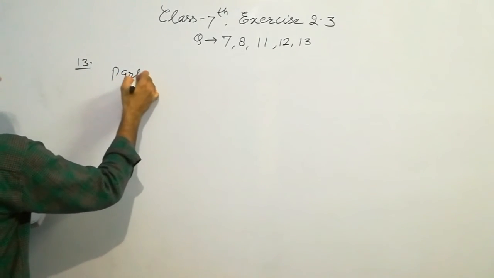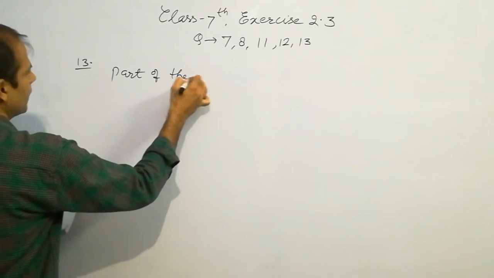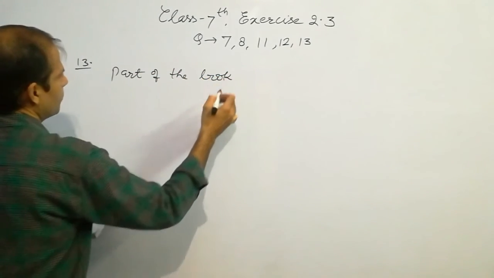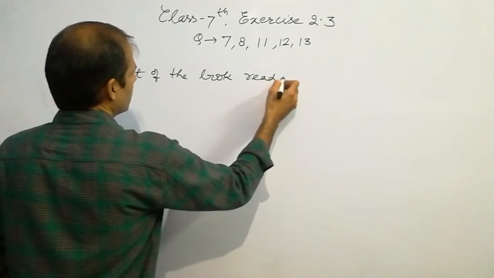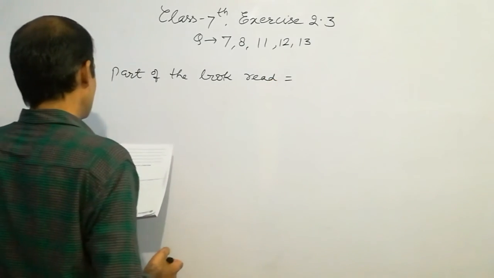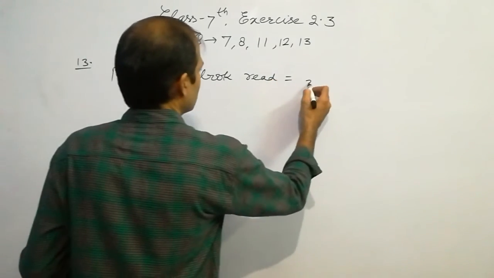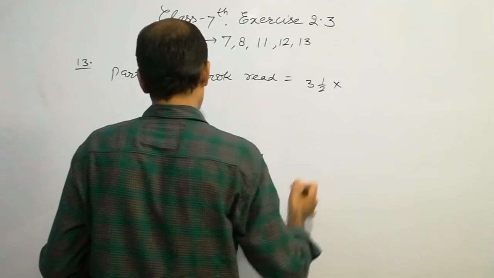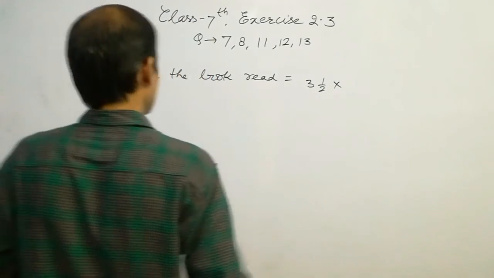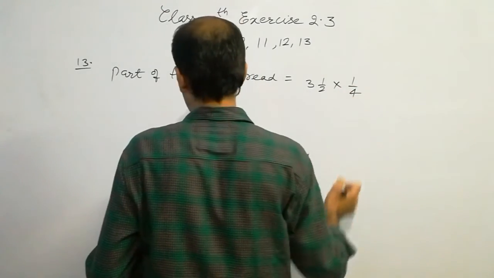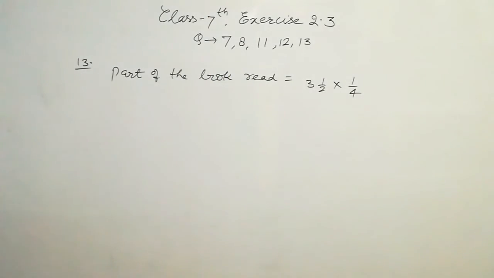So part of the book read equals 3.5 multiplied by 1/4.